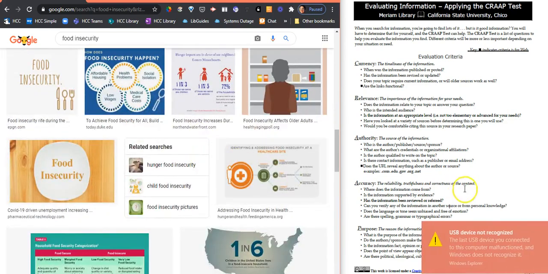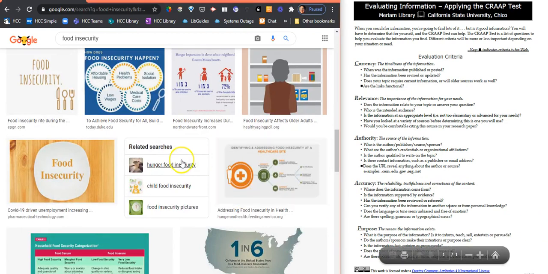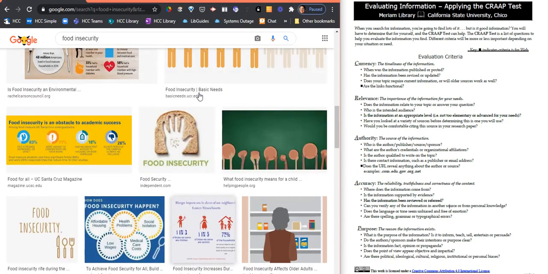Some of these infographics may be useful for overall information on food insecurity, or it might just be really specific to an area. Let's look at this one.